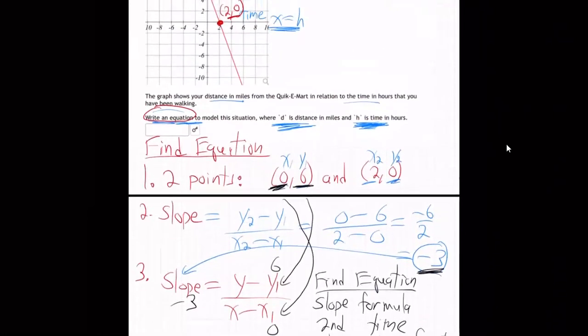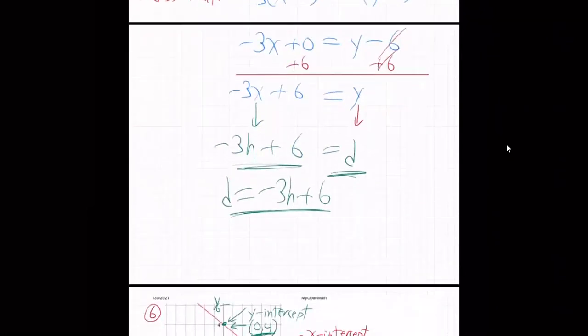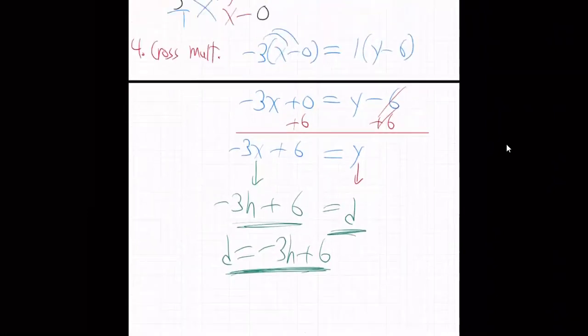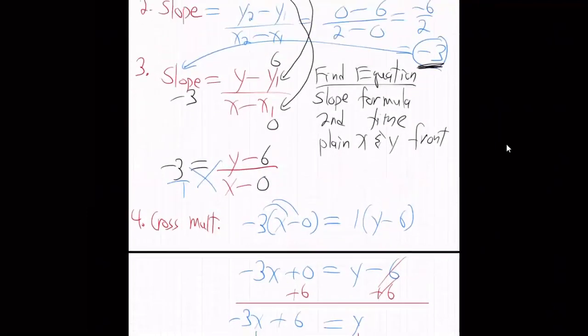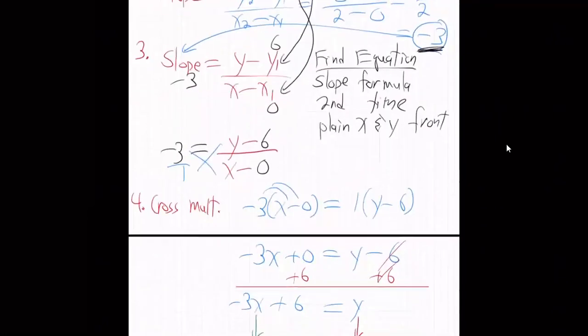And is that all they wanted from us? Yep, they wanted us to write the equation. So you just write that whole equation like that. You have to put the whole thing with the equal sign and everything. Sometimes they put the function with the equal sign already there for us. And sometimes they don't. So this time they haven't. So you're going to have to write in the whole thing here. D equals, I already forgot, is it minus 3H plus 6?